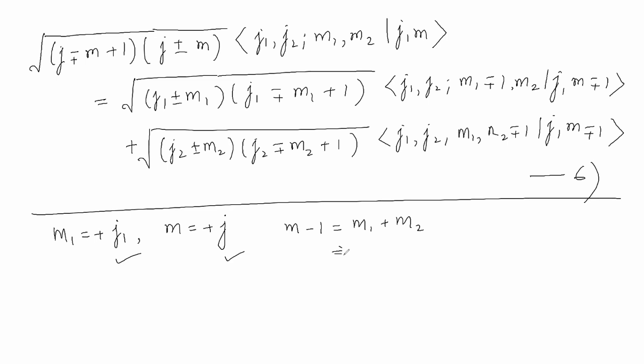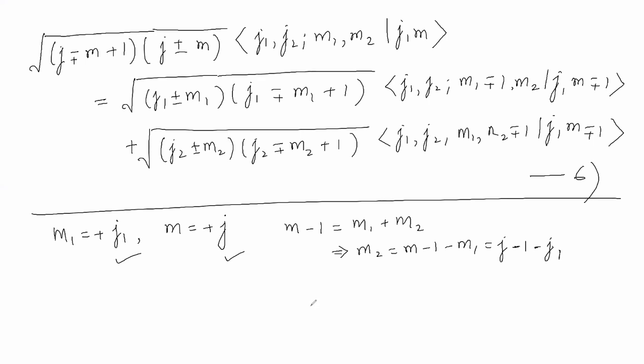That means your M2 will be decided by M minus 1 minus M1, and that will be equal to J minus 1 minus J1.